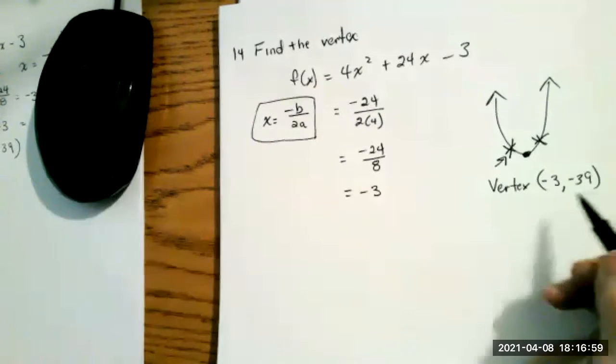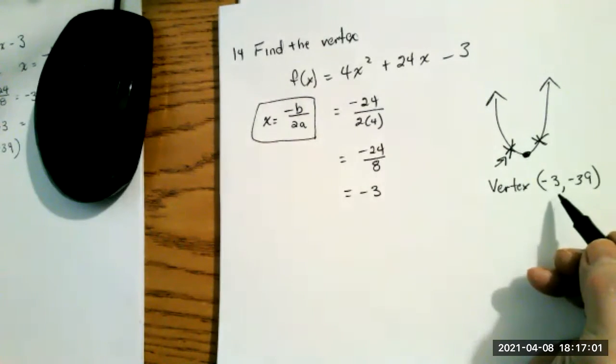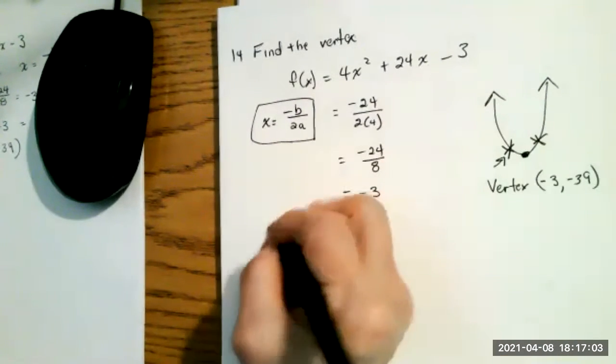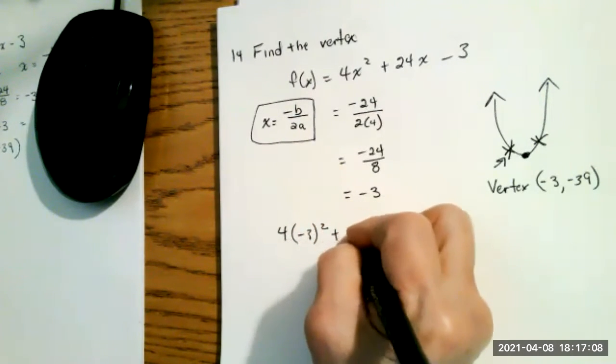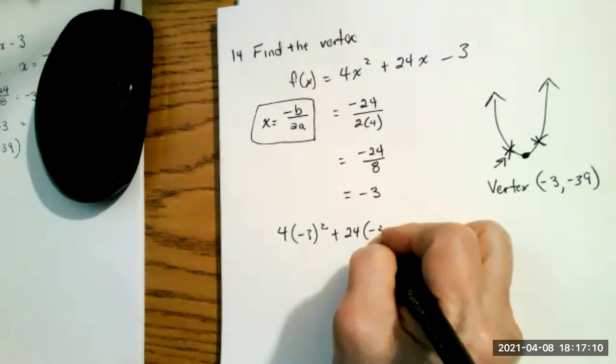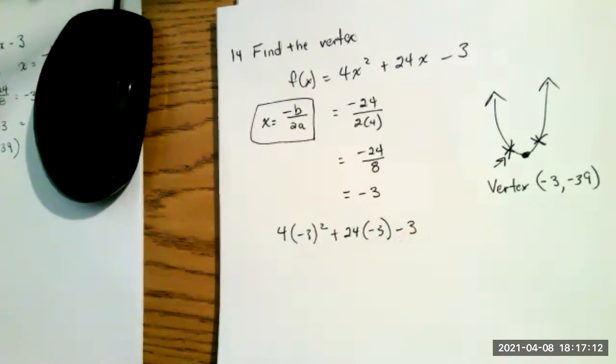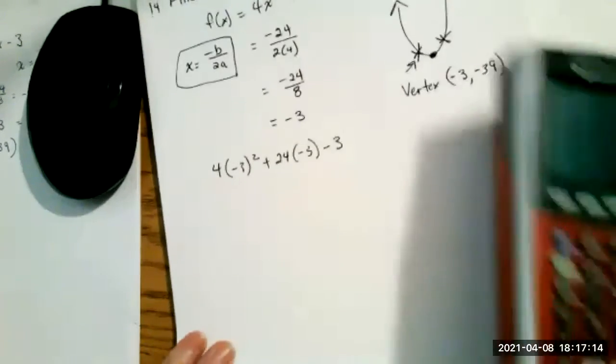Now, see, that's what I got for my x value. Then I put that in my problem. Negative 3 squared plus 24 times negative 3 minus 3. And I'm not going to try to do that in my head.